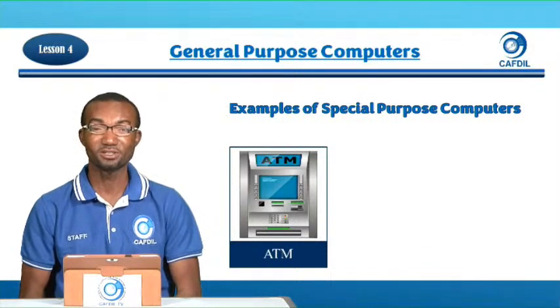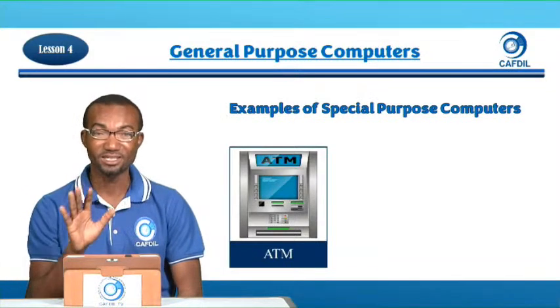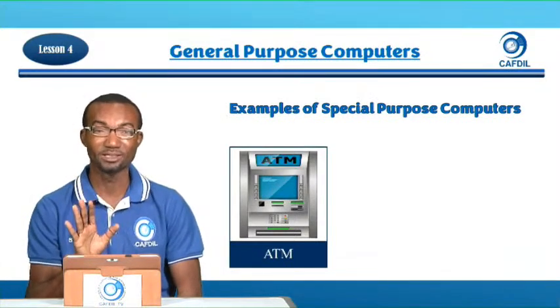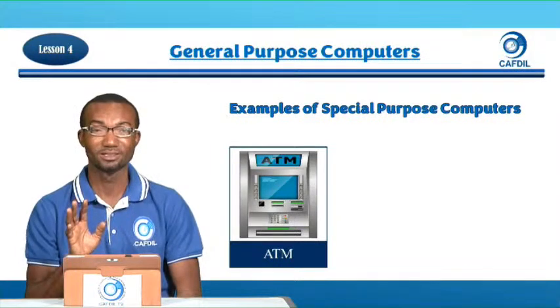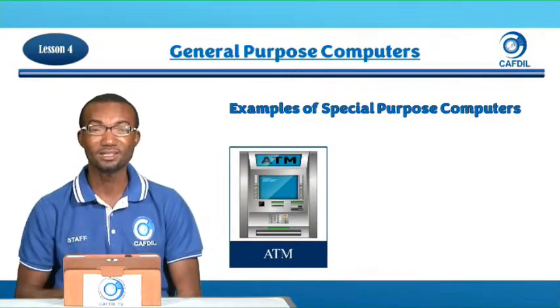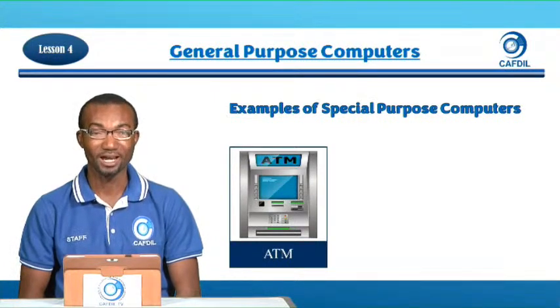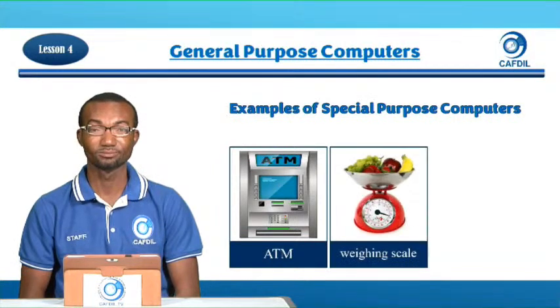And apart from these two, or checking your balance, apart from anything that deals with money, you cannot use it to do any other work. This machine deals only with money. Apart from money, you cannot use it to do any other work. So ATM falls under special purpose computers.